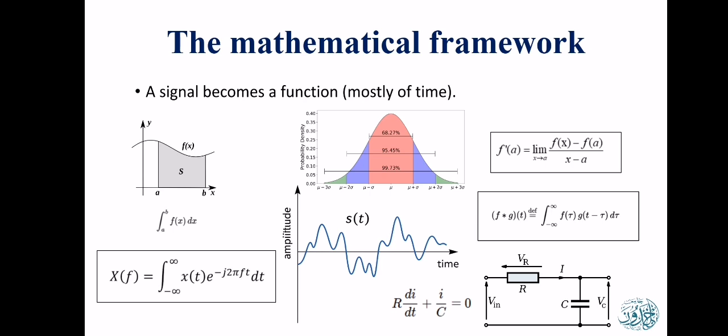They are all mathematical operations. You are going to use integrals and derivatives. Systems, such as electrical filters, are described through differential equations. Random processes are described through probability and statistics, and so on.